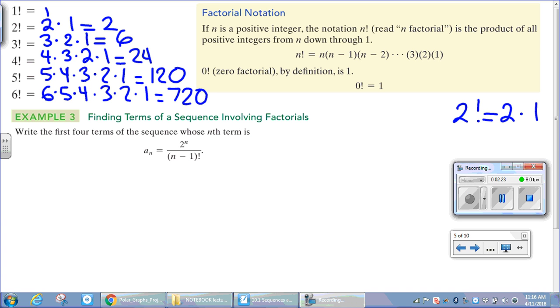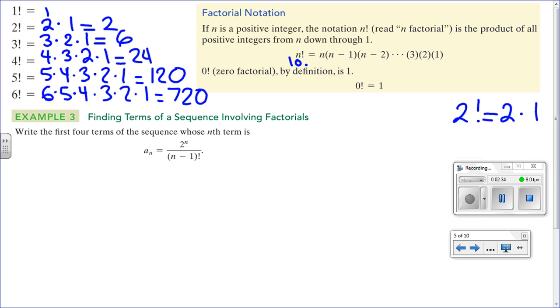So again, the factorial means that you take all the numbers, all the integers, not all the numbers, sorry, and then you multiply them from the number down. For example, if we have 10 factorial, the first number will be 10. The next number you guys see is n minus 1, so if n is 10, what is n minus 1? 9.